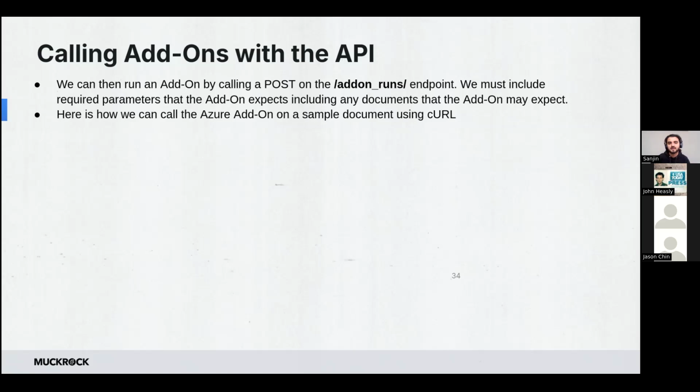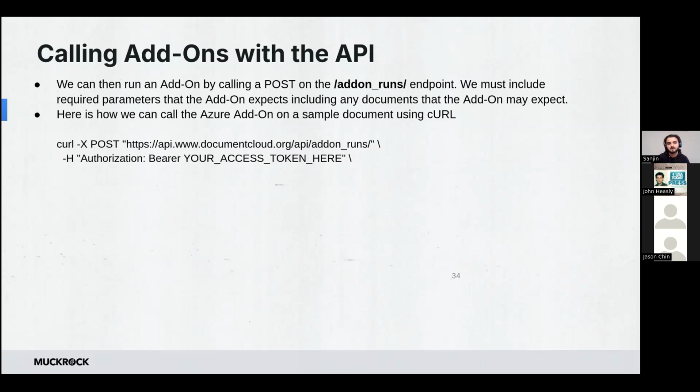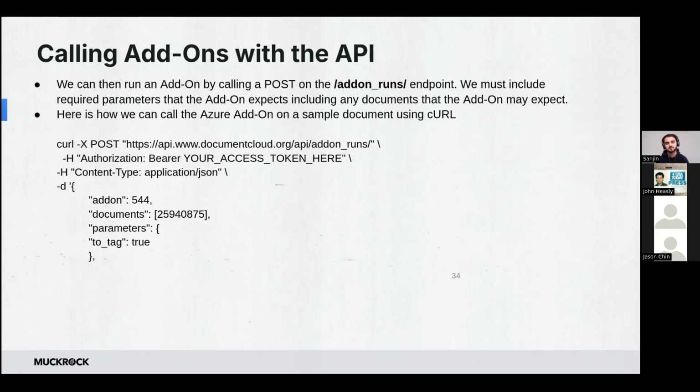So here's how we call the Azure add-on on a sample document using curl. So again, post to the add-on runs endpoint. I pass in my authorization token because I'm doing a post call. And then I pass in this data. So the add-on ID is 544. I pass it a document ID. And then I pass it certain parameters.